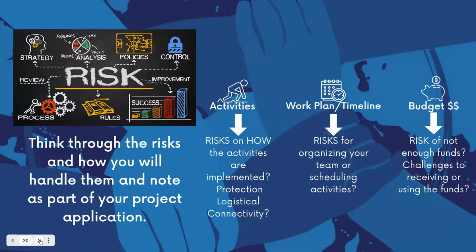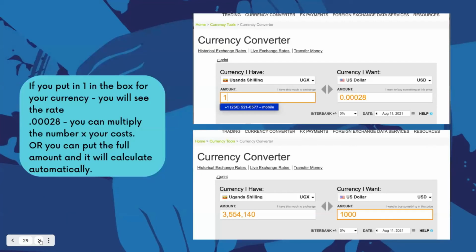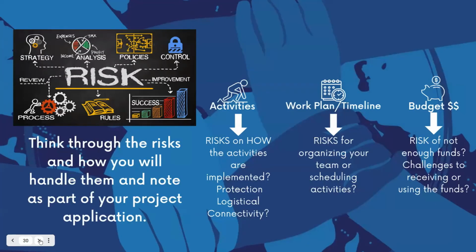Before getting to the risk, one other thing that I needed to mention is that within the call for proposal, we've shared a budget template. This budget template is accessible in Google Sheets or in Excel. You can download the sheet, and once you download it, it will help you to automatically calculate everything.